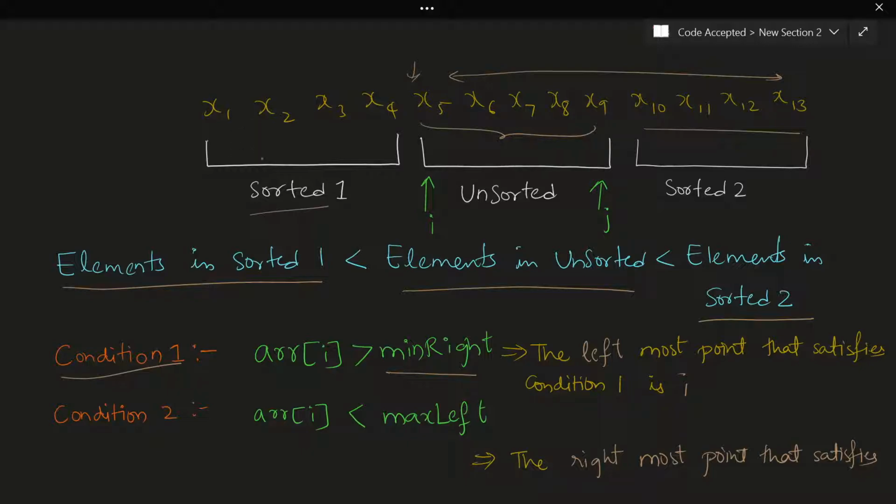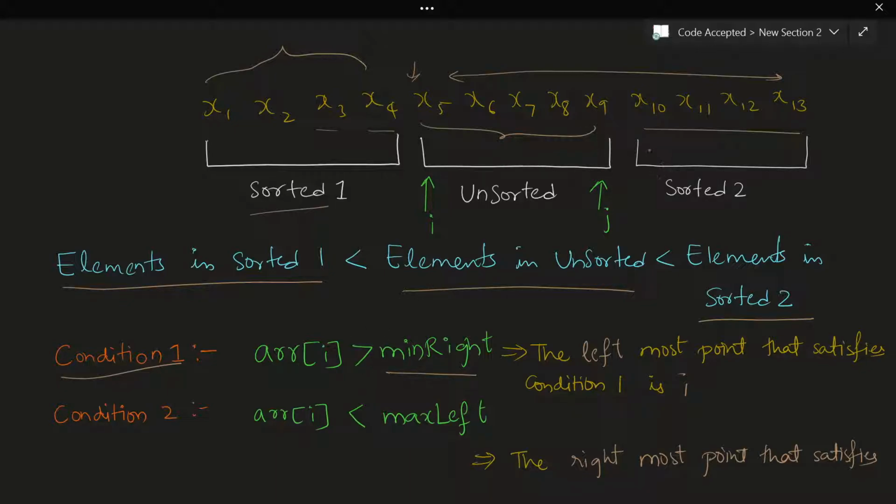Can this condition be true for the sorted 1 subarray? Think about it. X4 is less than all the elements towards its right, so X4 cannot satisfy condition 1. Similarly, X3 is also less than all elements towards its right, so it also cannot satisfy condition 1.